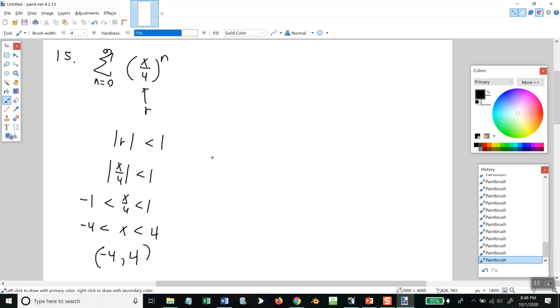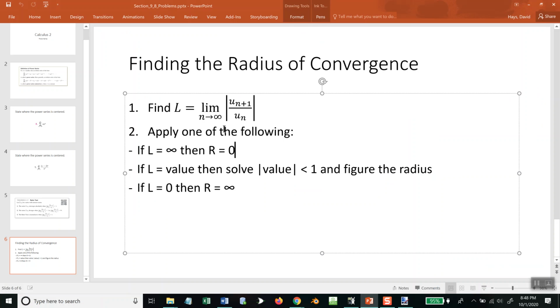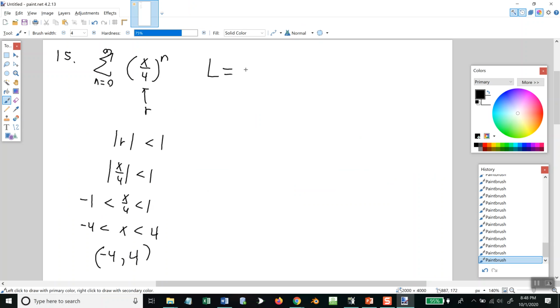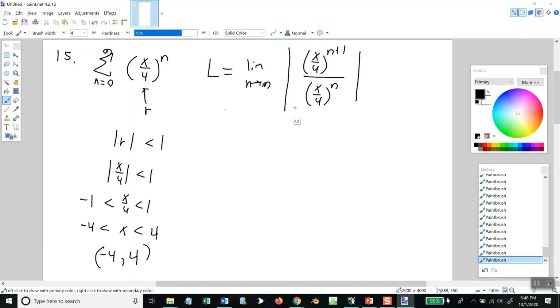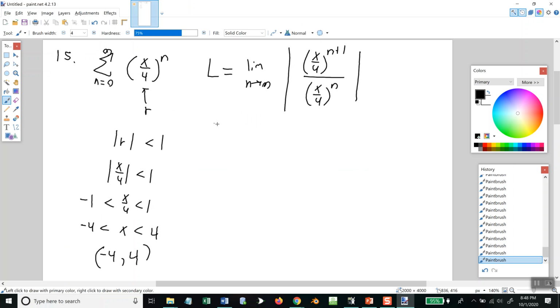The question is, could I have gone through the other process and come up with the same result? Are they just showing us a shortcut, or do we actually have to identify that as geometric? So I'm going to come over here. I'll find my limit. As n goes to infinity, I plug in n plus 1. So I got x over 4 to the n plus 1 over x over 4 to the n. And I'm just going through the same thing we've been doing.